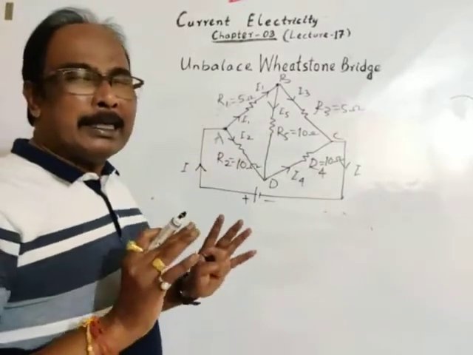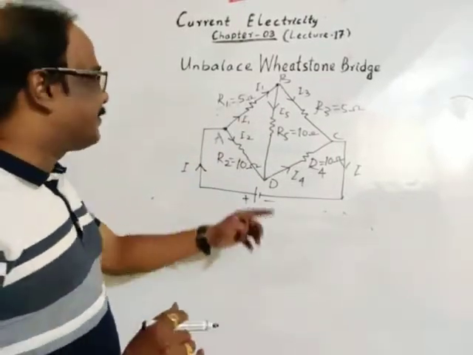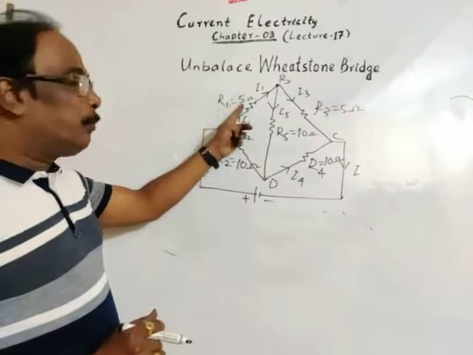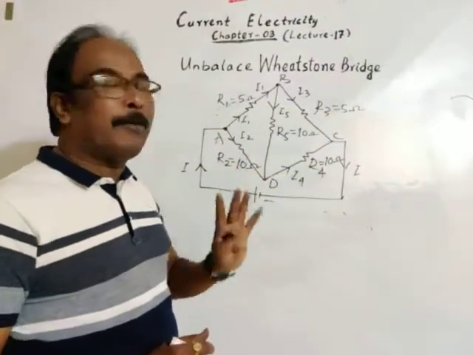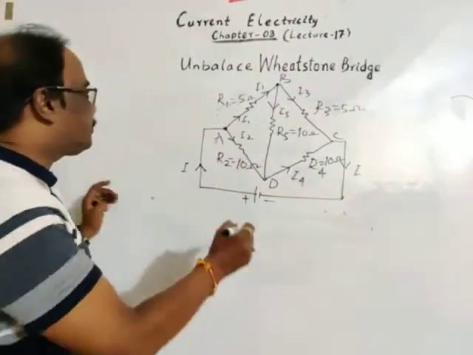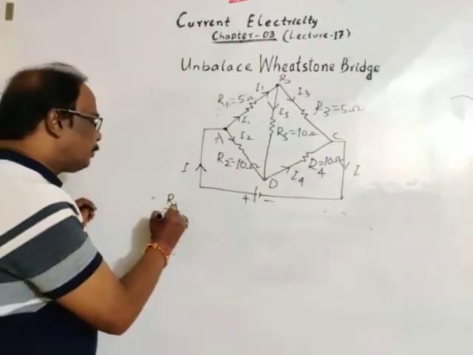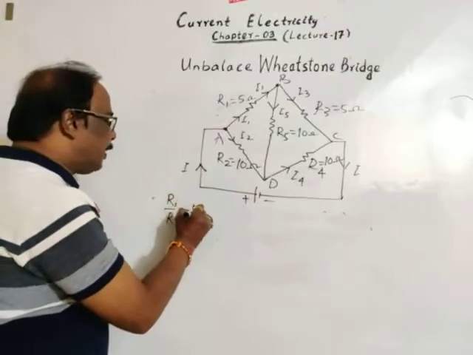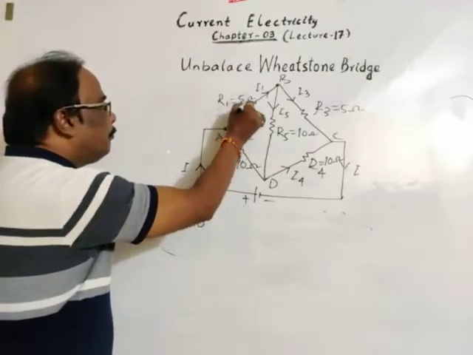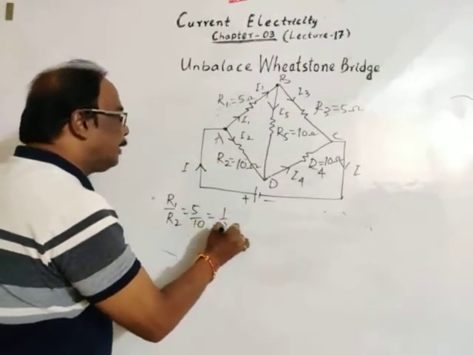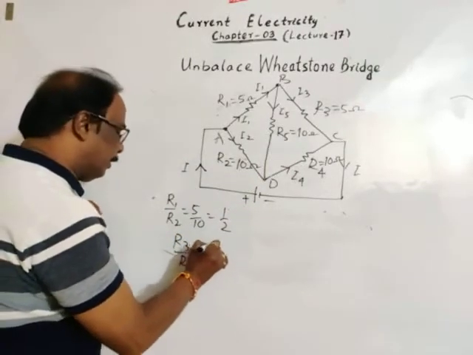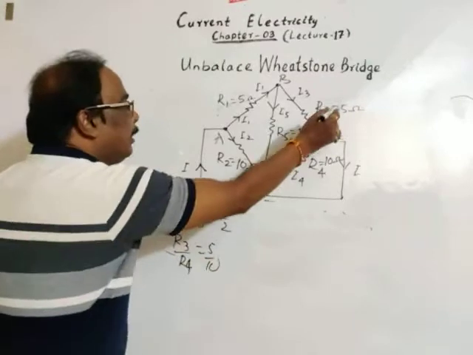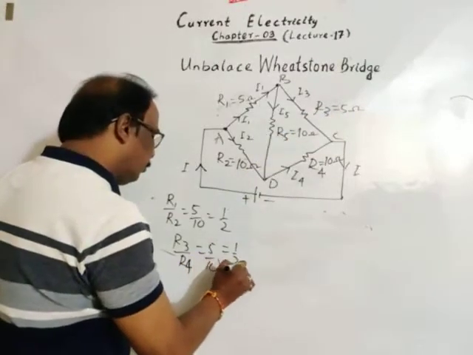Let's discuss about balanced Wheatstone bridge. Let R1 is equal to 5 ohm, R2 is equal to 10 ohm, R3 is equal to 5 ohm, R4 is equal to 10 ohm. Then ratio R1 to R2 means 5 ohm divided by 10 ohm. 5 by 10 is equal to 1 by 2, and R3 by R4 again 5 divided by 10 is equal to 1 by 2.